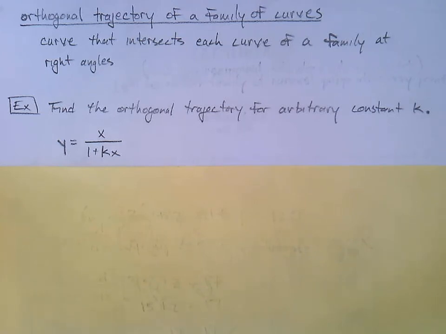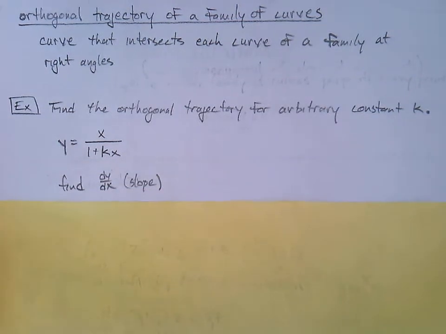Find the orthogonal trajectory. Well, let's take a look. It's all based on being perpendicular, right? So we're going to start by finding dy over dx for that function. Why would we find dy over dx? Well, because that describes the slope.